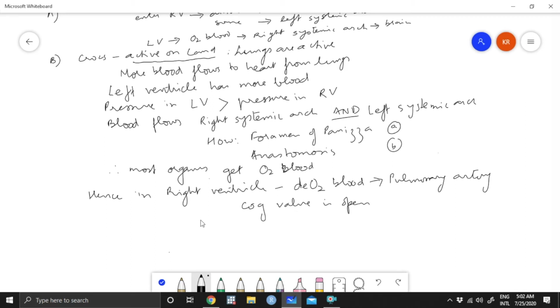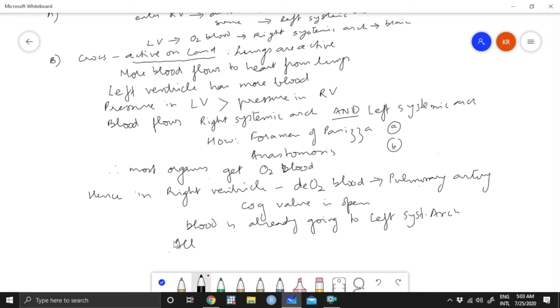The cog valve is open and blood is already going into the left systemic arch from the left ventricle, and therefore blood is forced into the pulmonary artery.